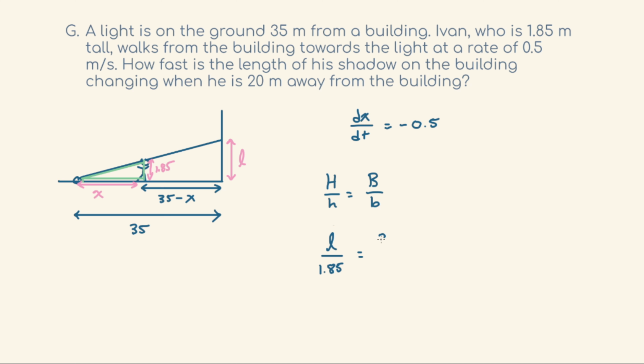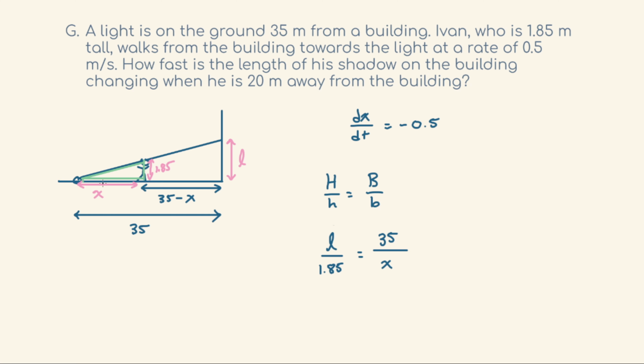It's just 35. I could plug that in straight away. And the base of my small triangle in this case is just going to be x. And some people might go, oh, well, Ivan is 20 meters away from the building, so if this blue arrow here is 20, and I know this total distance is 35, then 35 minus 20 is 15. X should be 15. Why can't we plug that in here?